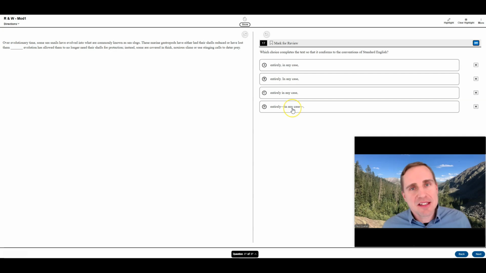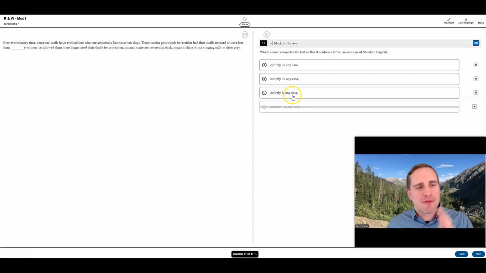So is in any case separated by an en dash? In other words, is that defining what the previous part of the sentence is about? I don't think so. If we say entirely in any case, there's no pause there, so that's not following the standards of conventional English, because in any case is separate from the word entirely, because in any case is linked to evolution.